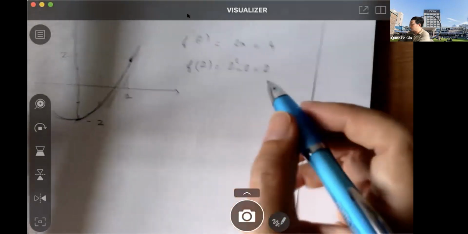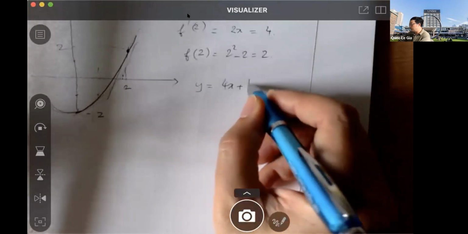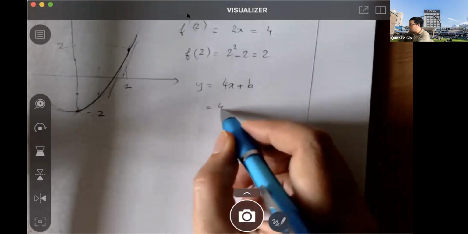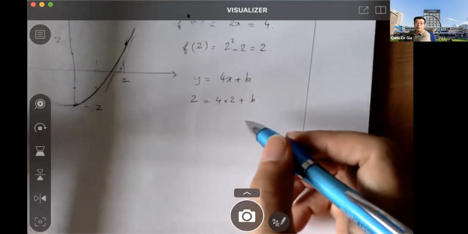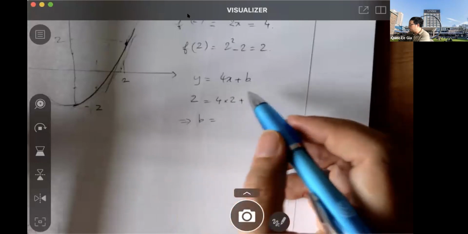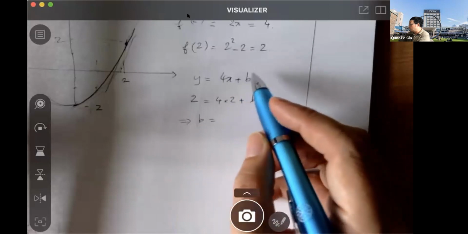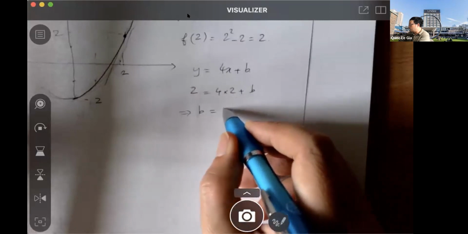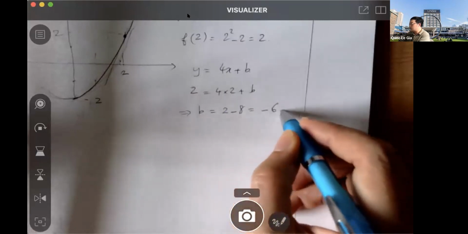So now the function is y equals 4x plus b. If you plug in x equals 2, then y equals 2, so b has to be 2 minus 8, equal to minus 6.